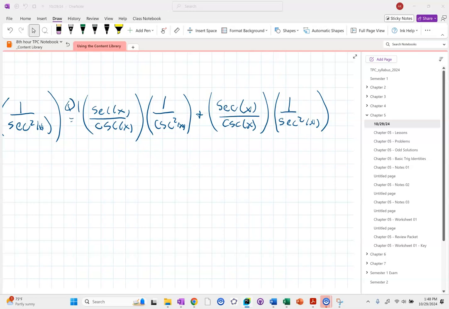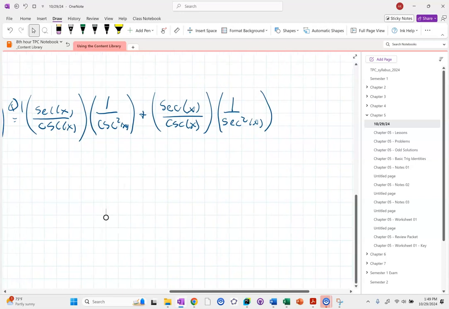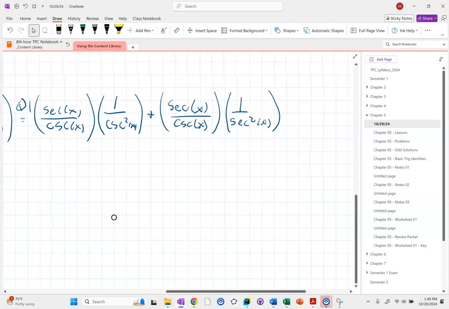All right, Mira, algebra identity. Okay, great. What algebra thing can we do? We can cancel out the secant on top and the one on the bottom.